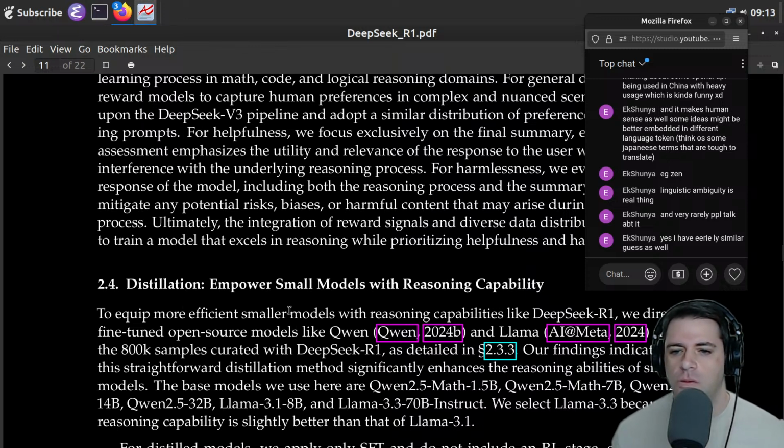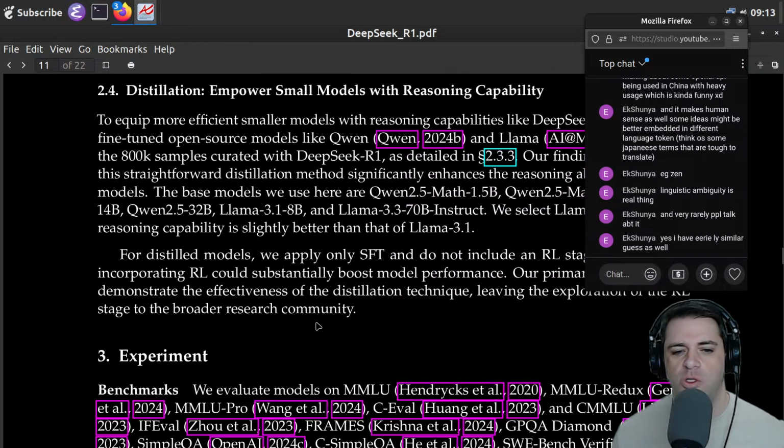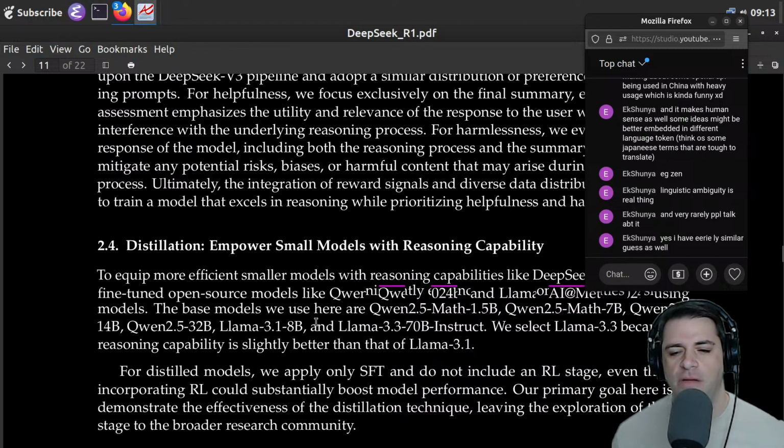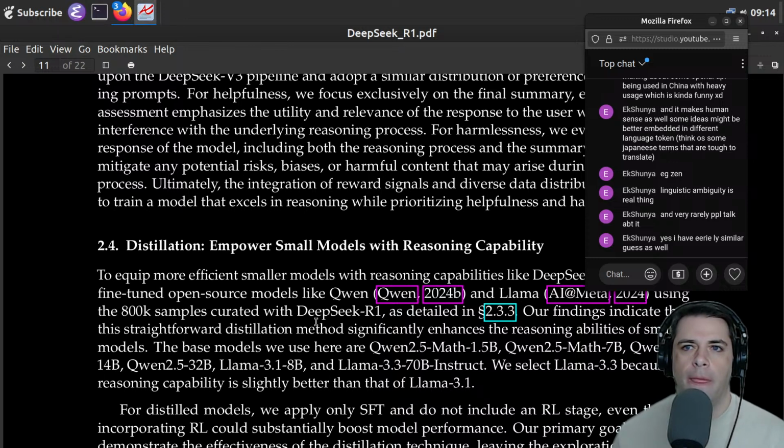Okay. So in distillation, this I did think was super interesting. The main result I got from it was that they tried to apply the reinforcement learning magic goo to teach smaller models to reason. And that produced significantly worse results than taking the big model that had already learned how to reason and having it tutor the small models how to reason, which kind of makes sense if you think about humans.